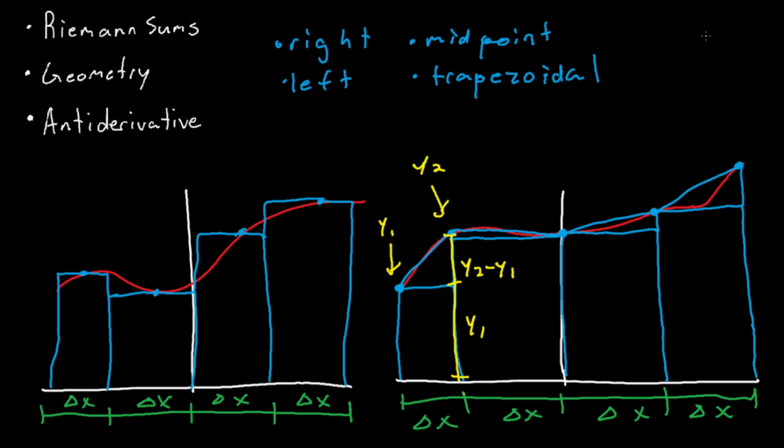The width of the triangle and the width of the rectangle is simply delta x. So if I multiply delta x by y1, I get the area of this rectangle. And if I multiply delta x times y2 minus y1 times 1/2, you get the area of this triangle.